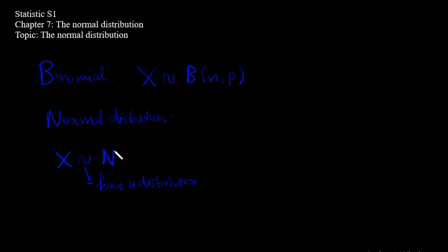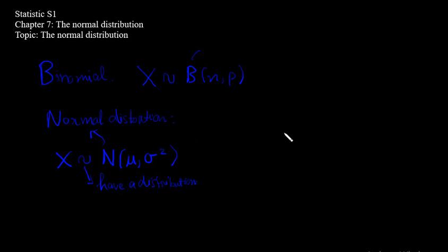Here, the letter N represents normal, this one is for binomial, and this one means that it is normal. For this one, you see the mean, here, the variance. This is how we represent a normal distribution.